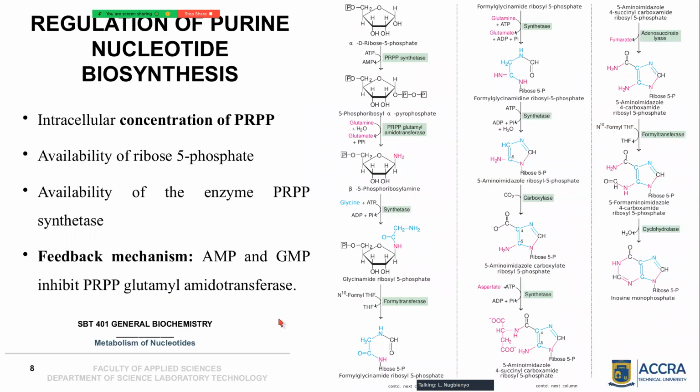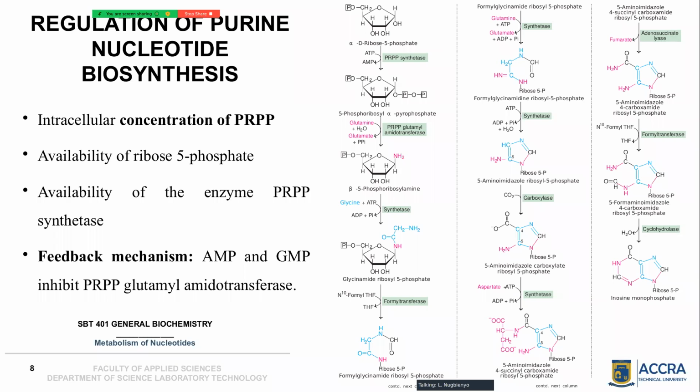Now, we have talked about the synthesis of these purines. And now briefly, we will talk about how this process of the synthesis of purines is regulated. How will that process be stopped when it is supposed to stop, and then when it is supposed to continue?